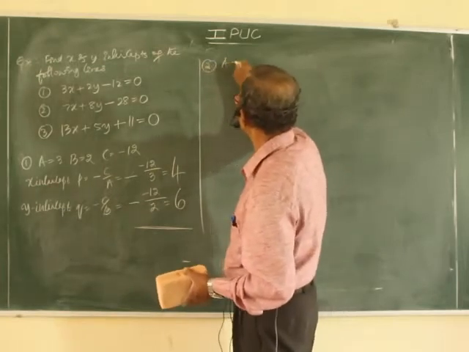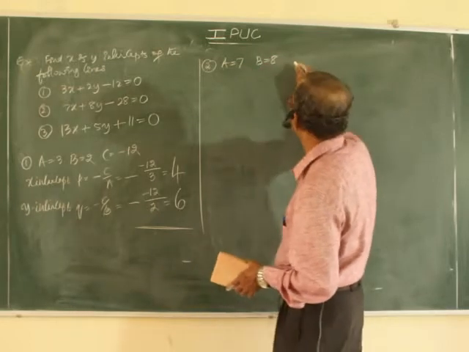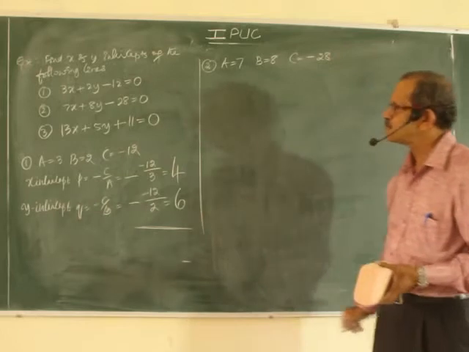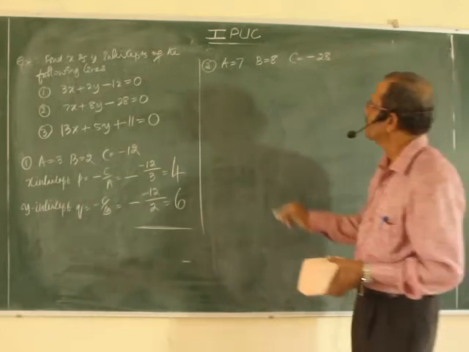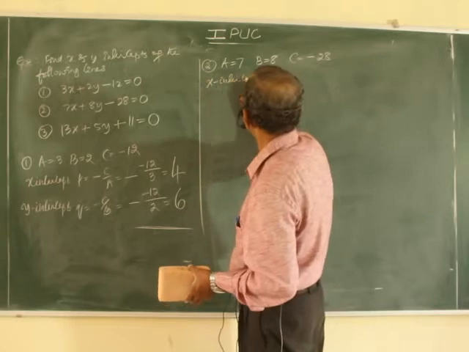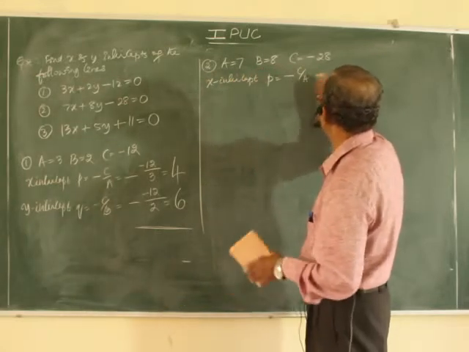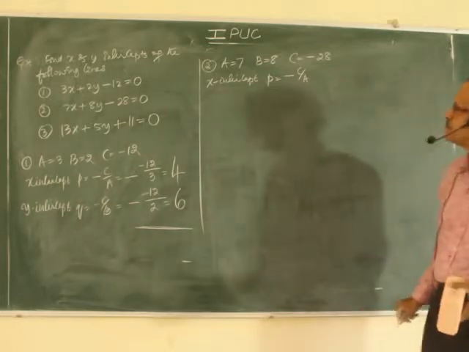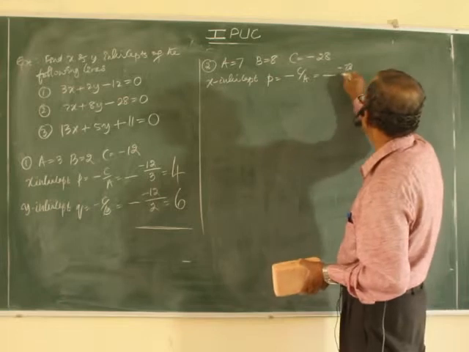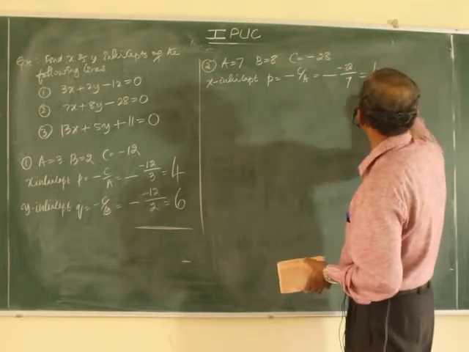Second one, a equal to 7, b equal to 8, c equal to minus 28. X-intercept p equal to minus c by a, which is 4.